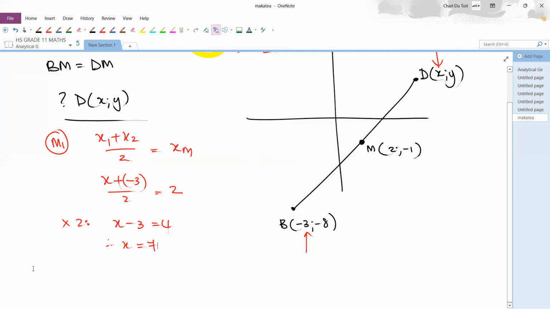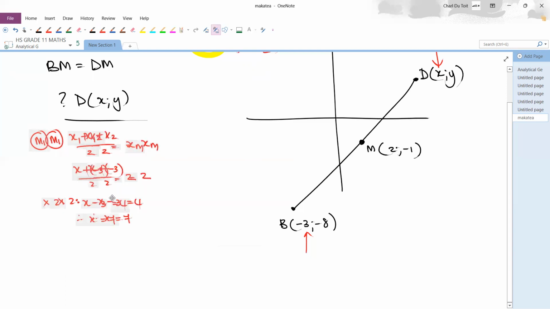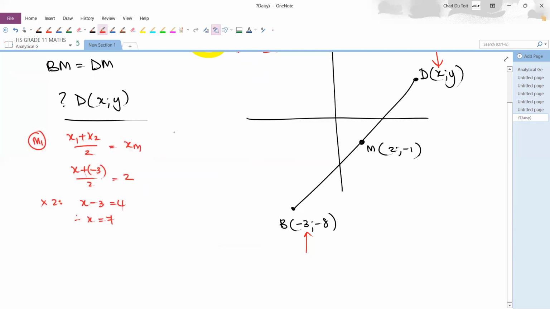And then I'm going to do exactly the same with the y value. The one y plus the other y over 2 gives me the y value in the middle. The one y is just a y. The other value is -8. I divide that by 2, it gives me the -1 y value.